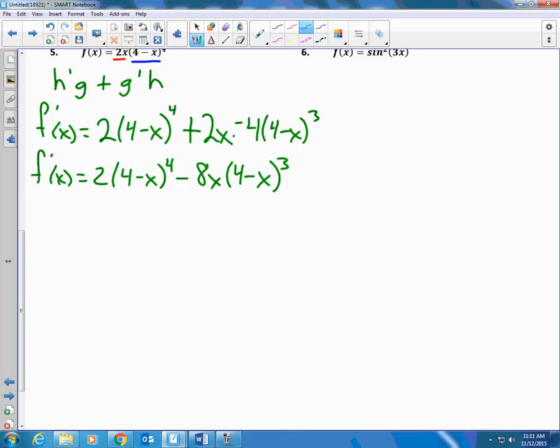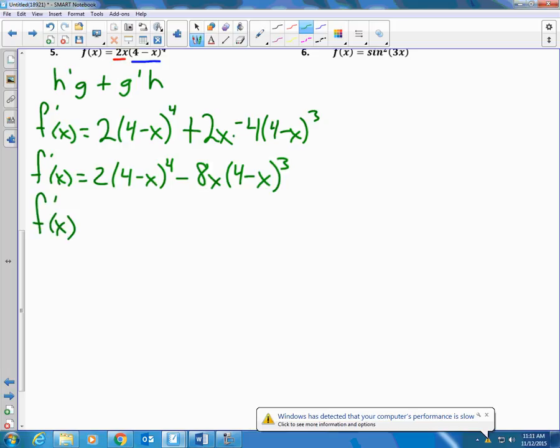And the way that you simplify it is you write it as a product, which means we factor out the greatest common factor. And you're going to see that it looks pretty nice in the end. What is the greatest common factor between these two pieces? 2 and 4 minus x to the 3rd.